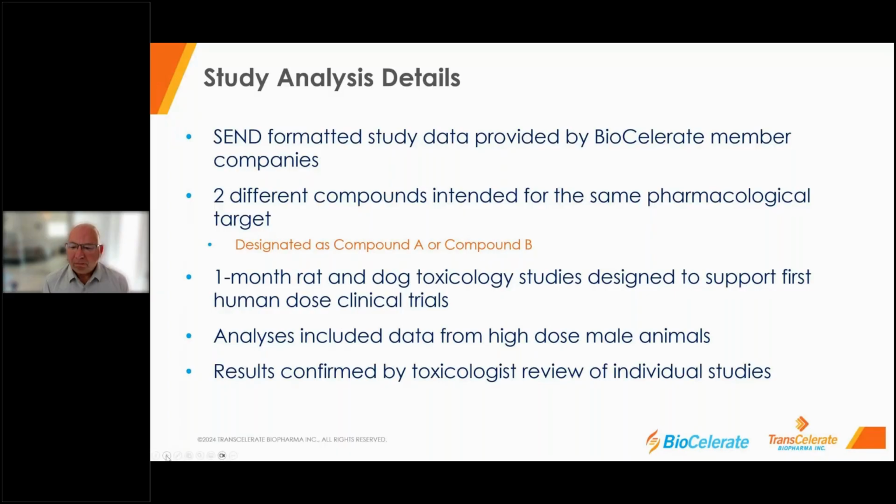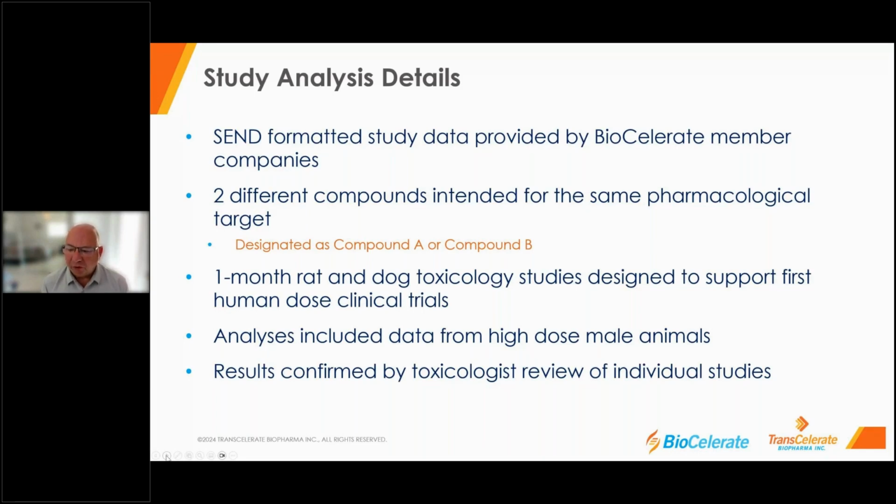And those studies were 1-month rat and dog studies for that particular pharmacological target. In these slides, they're designated as compound A and compound B.